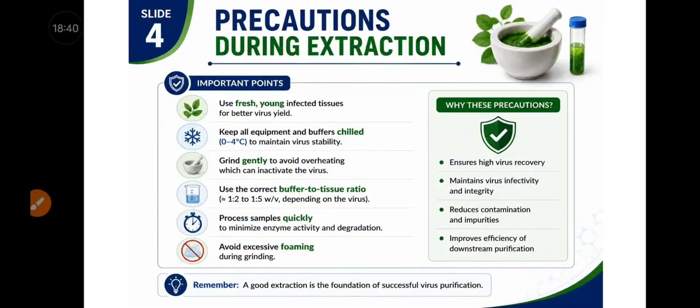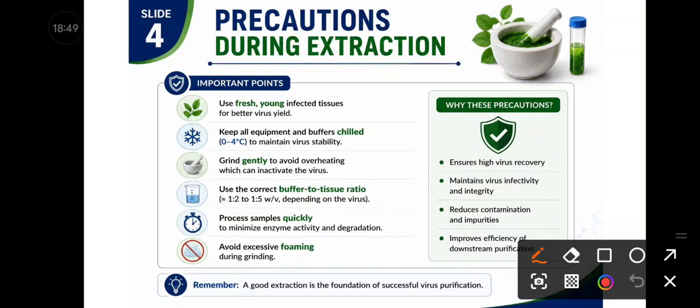Next is a very important step, precautions during extraction. Why do you have to take precautions? You have to take precautions to get high virus recovery, to maintain virus infectivity and integrity, to reduce contamination and impurities, as well as to improve the efficiency of downstream purification, because after extraction you have to do the purification also.